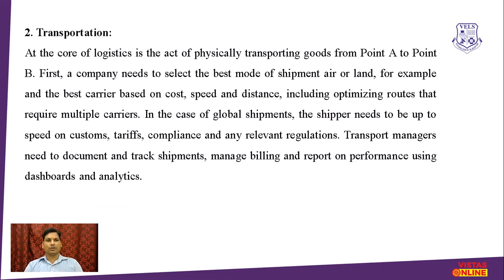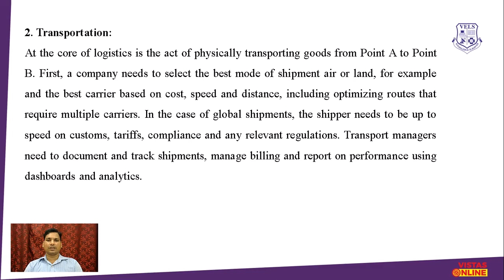Transportation: at its core, logistics is all about the point of origin to the point of consumption, point A to point B. Here we can see an example. First, a company needs to select the best mode of shipment, maybe air or land, and the best carrier based on cost, speed and distance, including optimizing a route that requires multiple carriers.